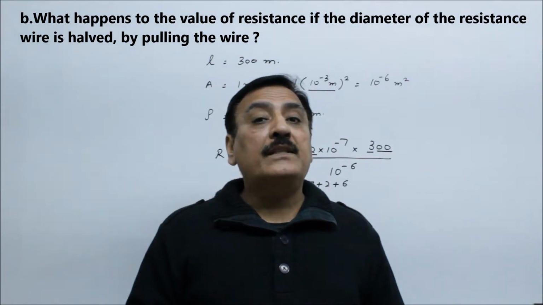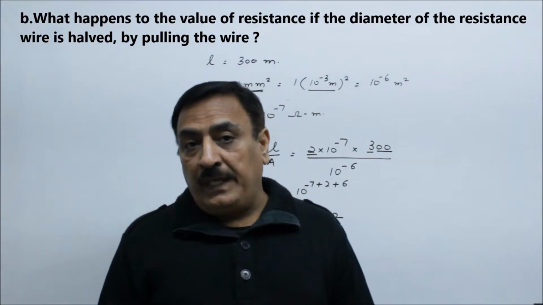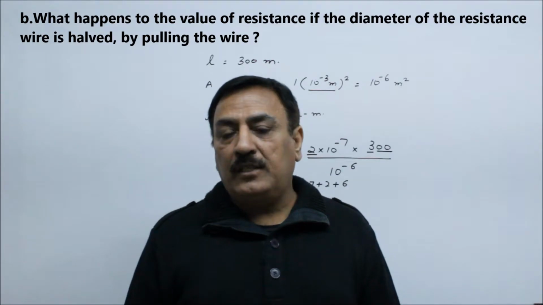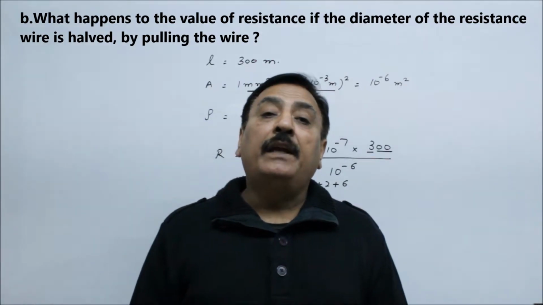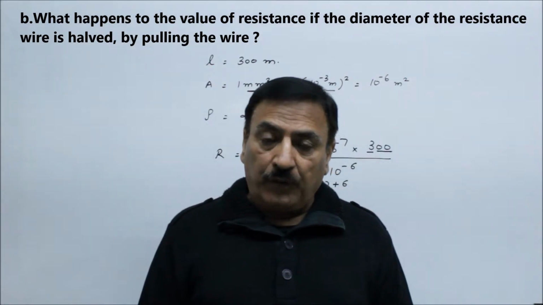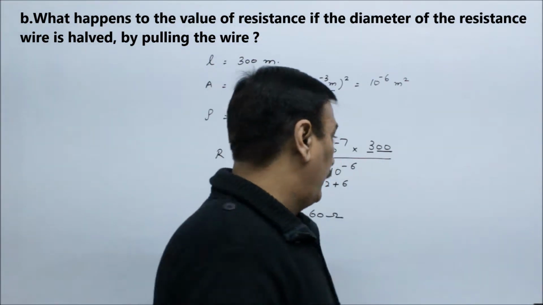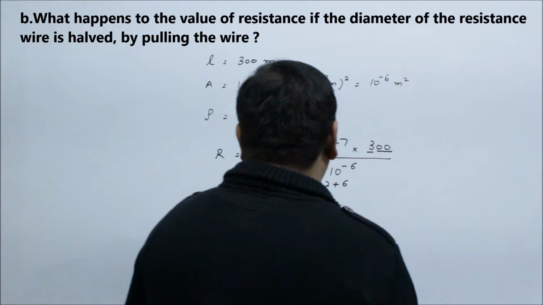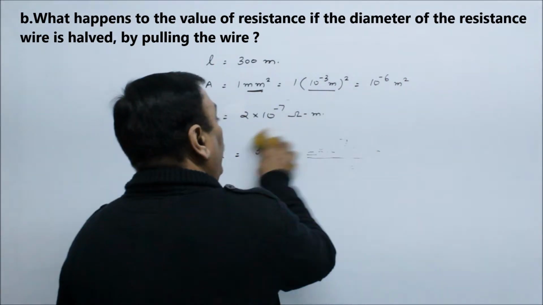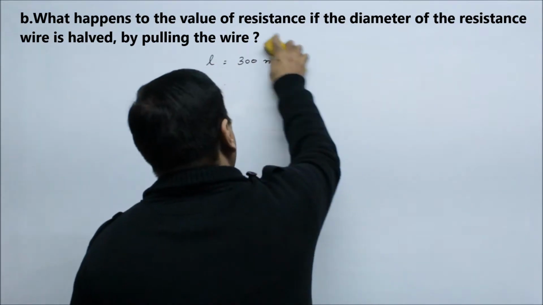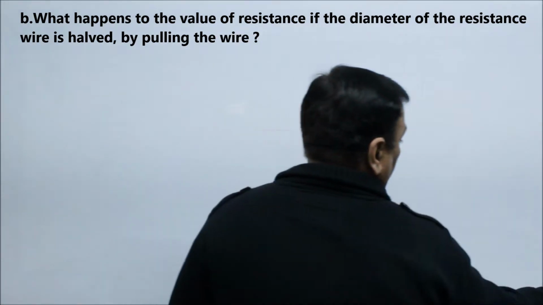What is going to remain the same? It is the material which is remaining the same. That means no change in the resistivity. What else is going to remain the same? It is the volume of the wire. The volume of the wire and the resistivity of the wire. So let us proceed to solve this question. We have seen the resistance of this wire was 60 ohms.